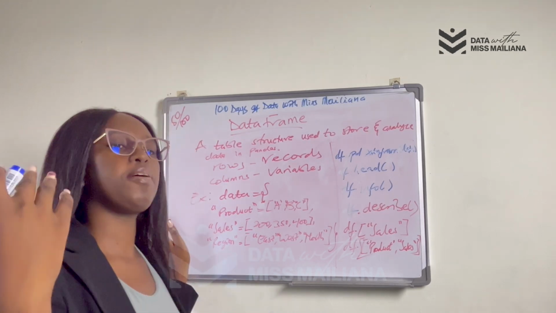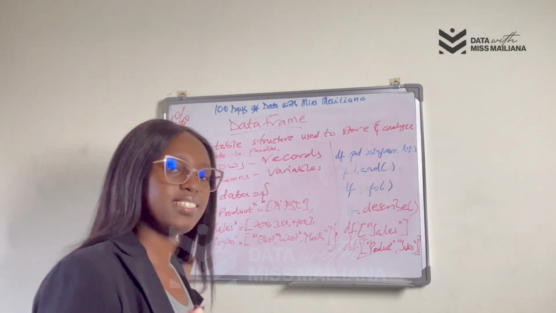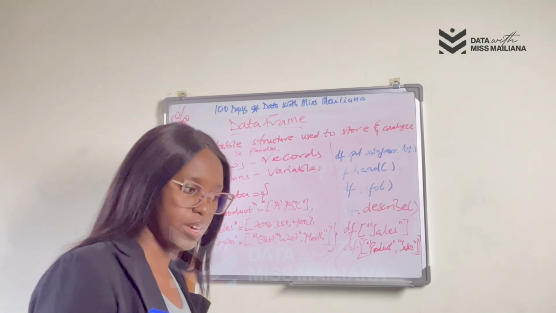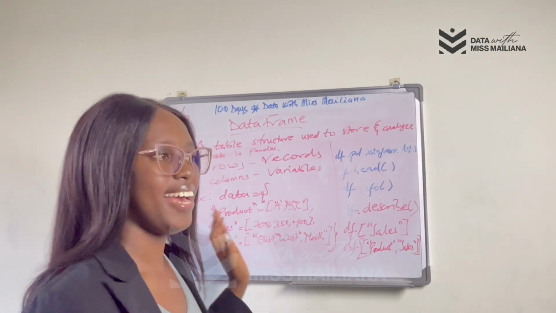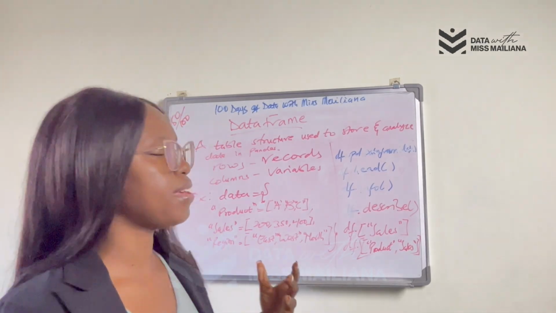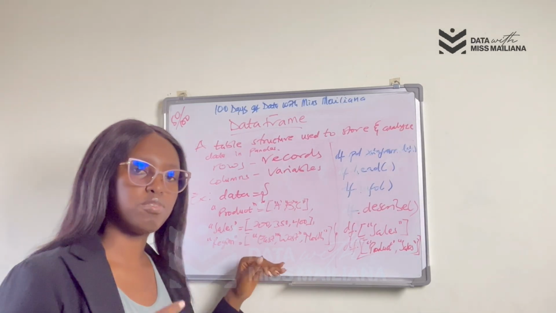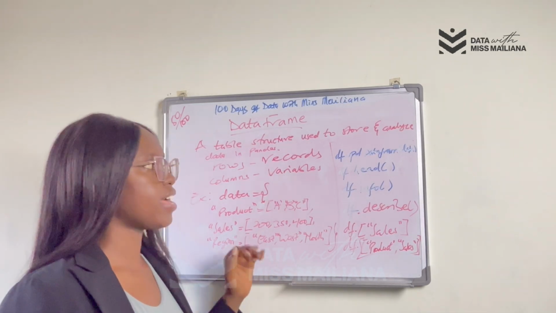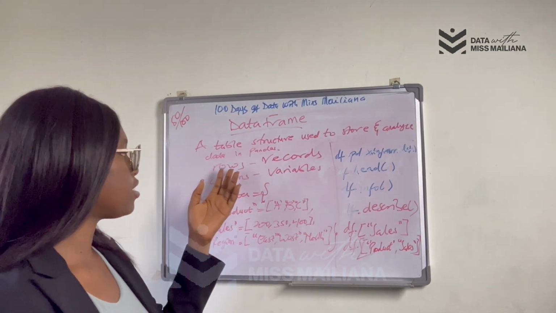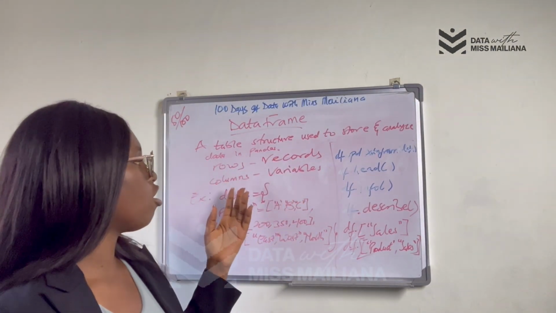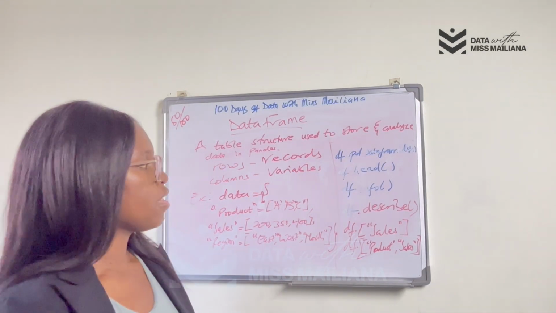Pandas is a library in Python that helps us do our analysis and bring in our data sets. It has that data frame feature that lets us put the data into table form. They also have rows and columns, where rows are the records and columns are variables.